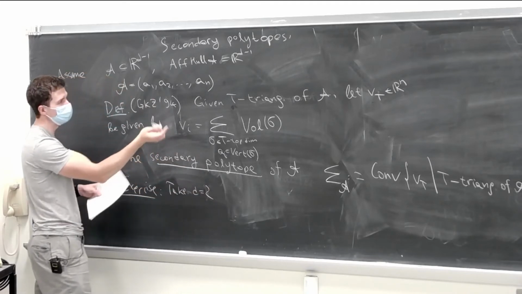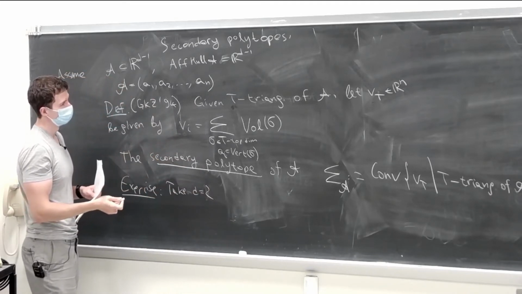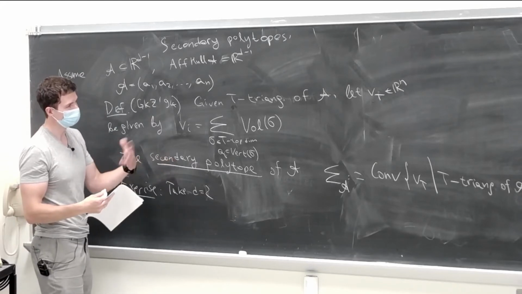If you look at one-dimensional point configurations, the secondary polytope is going to be some high-dimensional polytope.